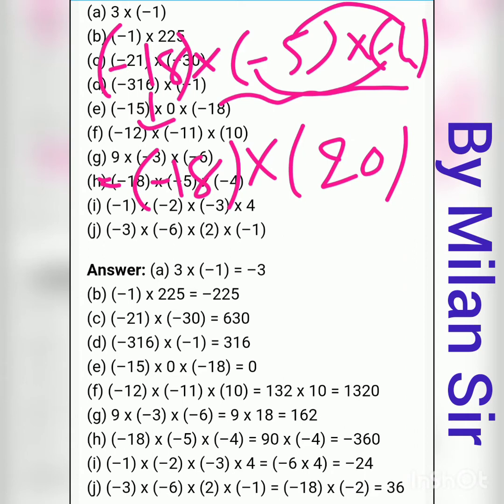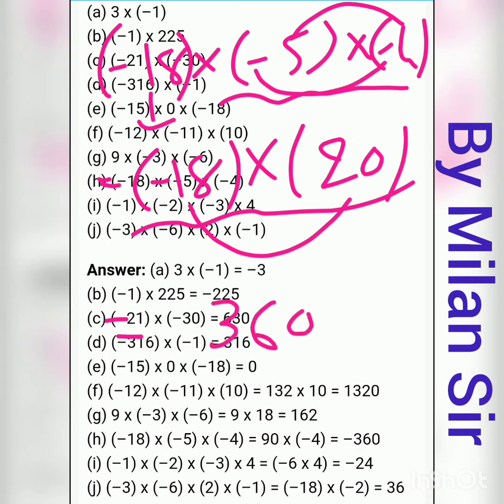Now we need to multiply these two numbers. So 18 multiply 20: 18 2s are 36, and a 0, so it's 360. First of all we multiply the numbers. Now for the sign, 18 has a negative sign and 20 has a positive sign, so minus plus is minus.